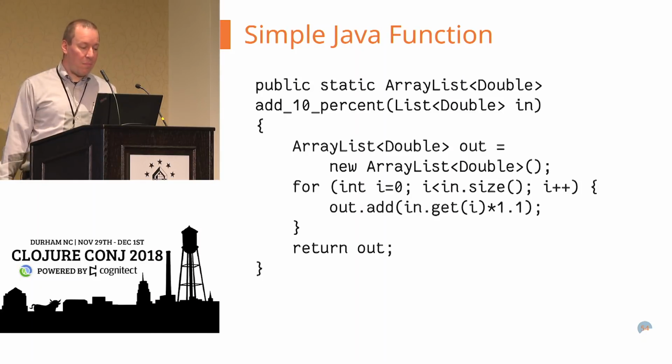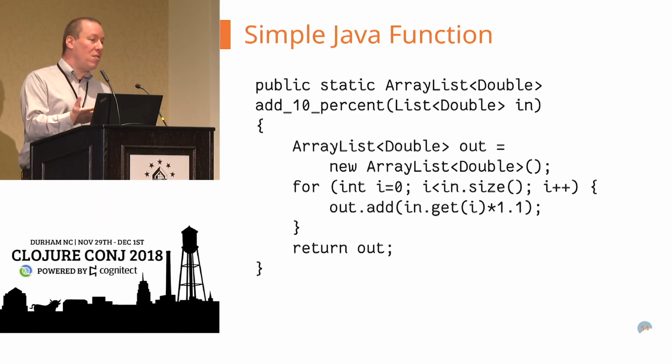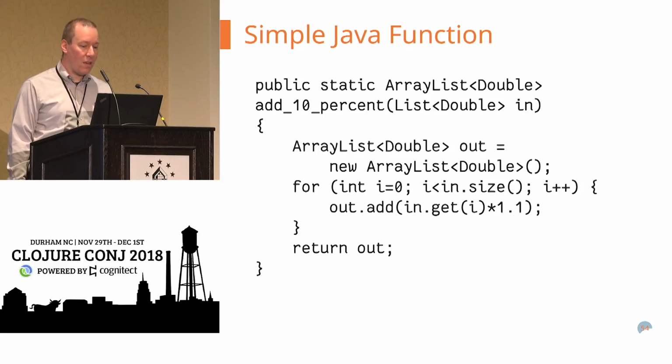So here's a function. This is something that takes in a list, it returns a list, and it runs some operation on each element of that list where we're adding 10% to all of the numbers in the list. And you take somebody who's programmed in Java or in C, and you say, well, translate this to what you would do in Clojure.